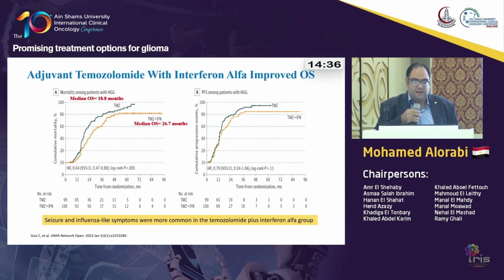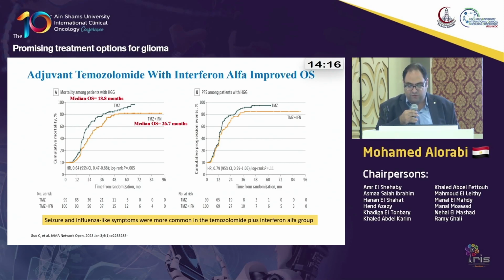Also, we can see that addition of interferon to temozolomide improved survival in comparison to temozolomide alone. We see that median overall survival in the interferon arm is around 27 months in comparison to 19 months in the temozolomide arm. Regarding progression-free survival, there was no difference.